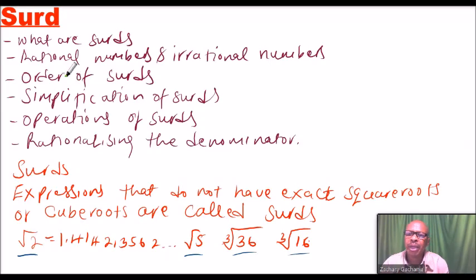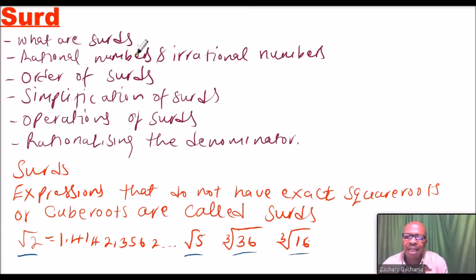So remember when we started, I said by the end of this lesson, you should be able to describe what a surd is, or what surds are, and I'm sure you now understand. These are numbers that don't have an exact square root or cube root or fourth root and such.